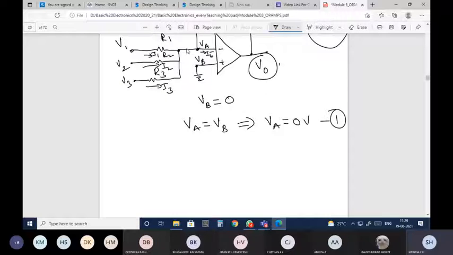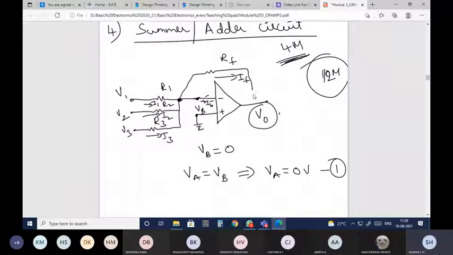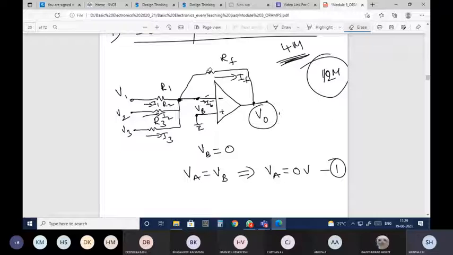And this current, as we were taking it, is IB minus. So again, I will apply KCL at this node. If you observe this node and this node, both are the same. Or else, if you have any doubt, you can draw it in this way also. Both are the same circuits. Initially I have drawn the diagram in this way.